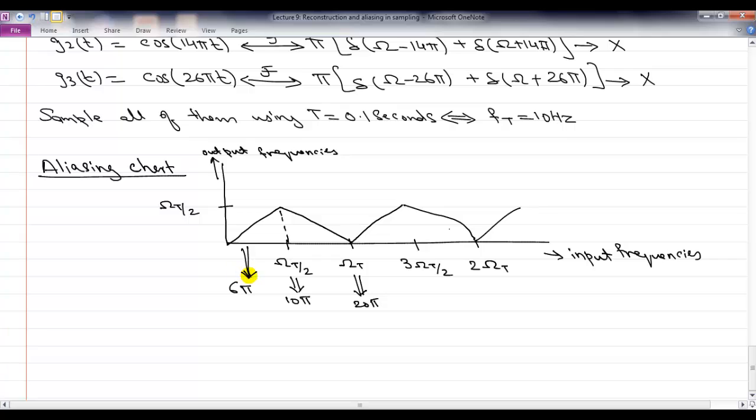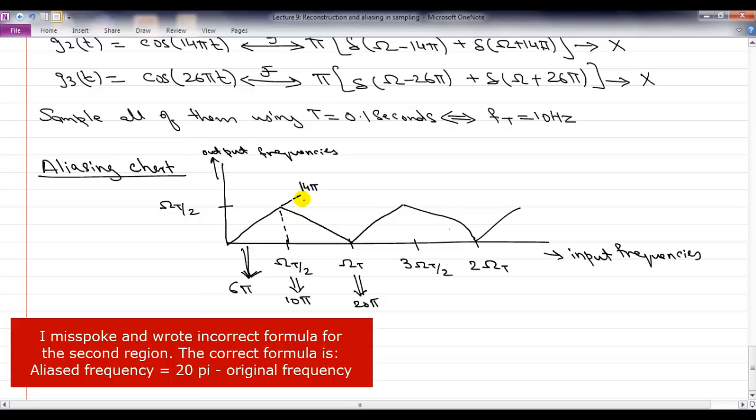So you would get back the same frequency that you input, 6 pi. In the second case, we had a frequency which lay in the second region, a 14 pi frequency. Instead of recovering something higher, we were going down. To recover this, we effectively subtracted: 14 pi minus 10 pi, and we end up with 6 pi.